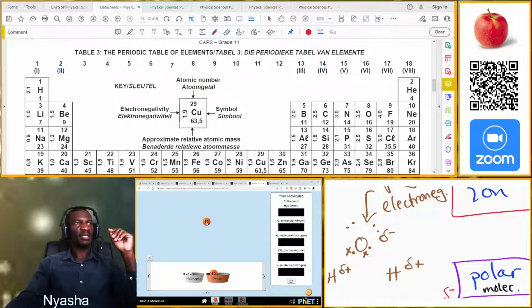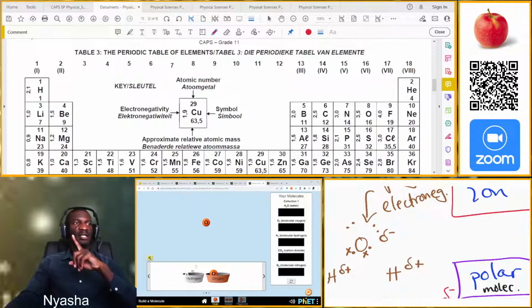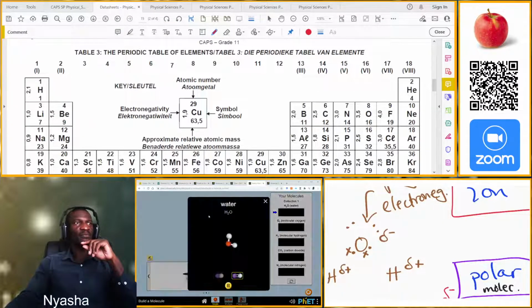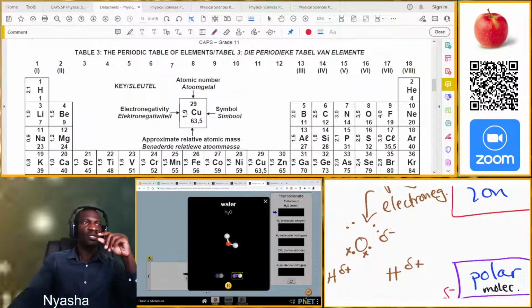So this is our oxygen atom. Let's now take 2 hydrogens, right? So we bond that oxygen with that hydrogen, then we bond that oxygen with that hydrogen. So this becomes our molecule. The lone pairs of electrons repel each other, hence the arrangement here.